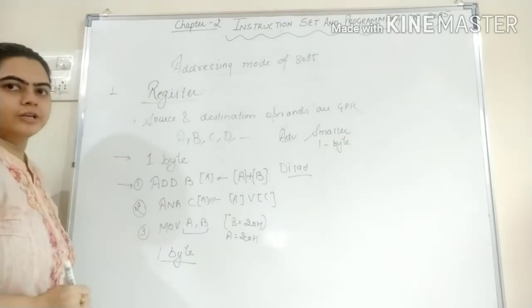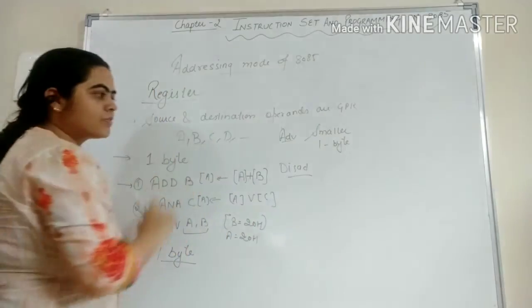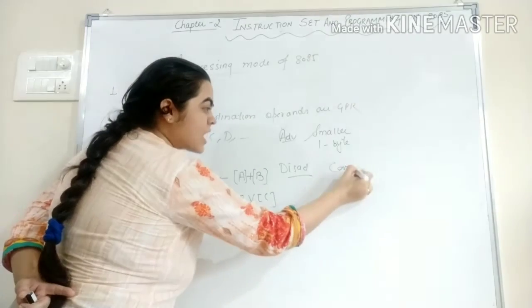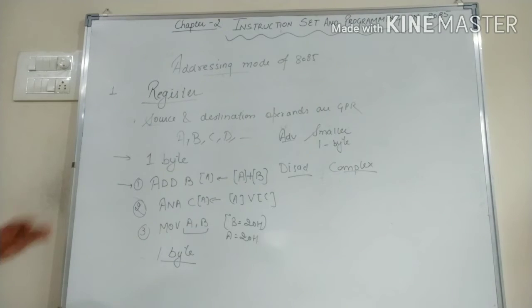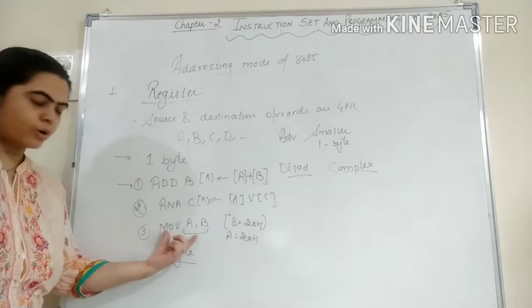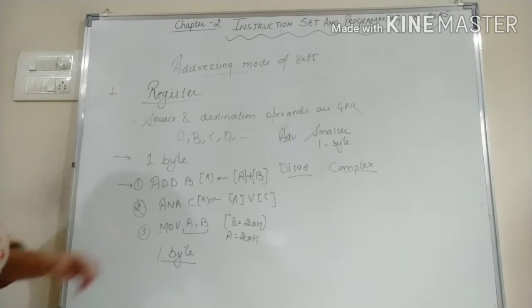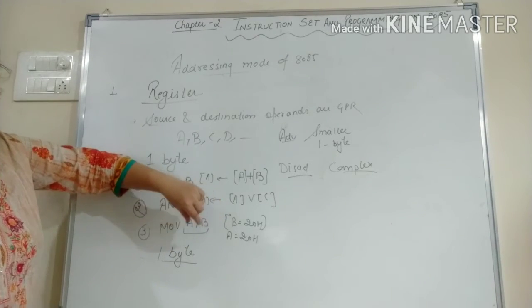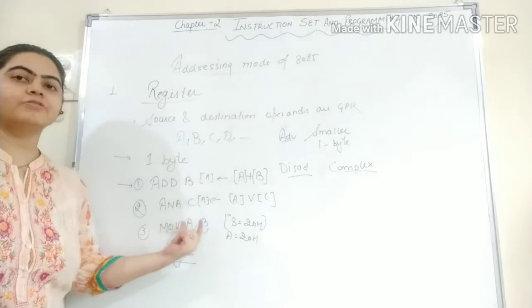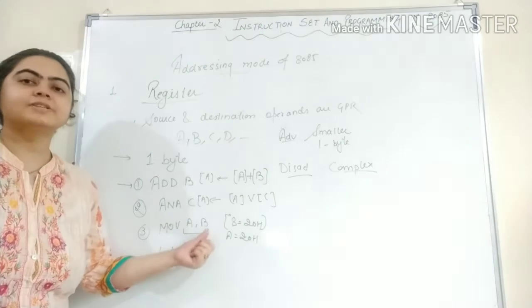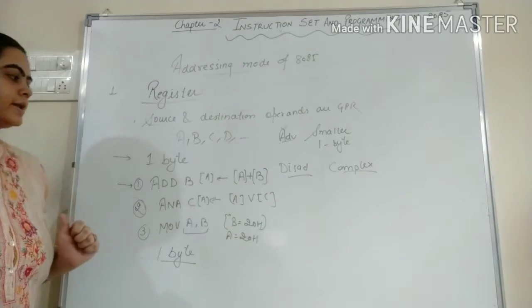Now the disadvantage of register addressing mode is that these are complex type of instructions, because if we are talking about this MOV A, B, we don't know what is present inside B and what is present inside A. We can only write this instruction, and it will move whatever contents are present in B into the A register.